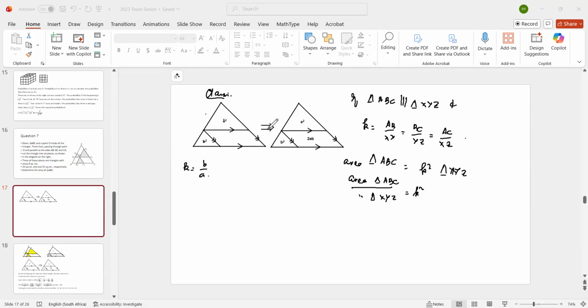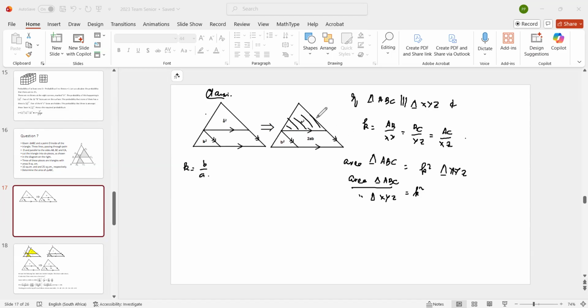All right. So let's try to prove this statement here. I'm going to look at this triangle over the large triangle.